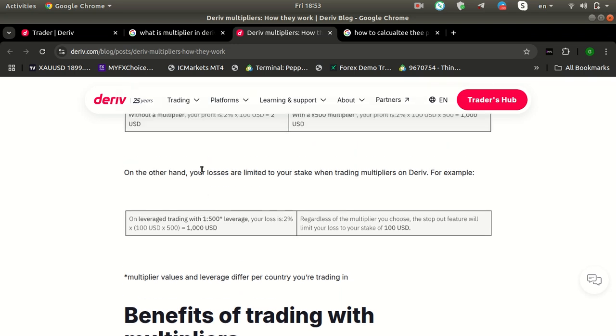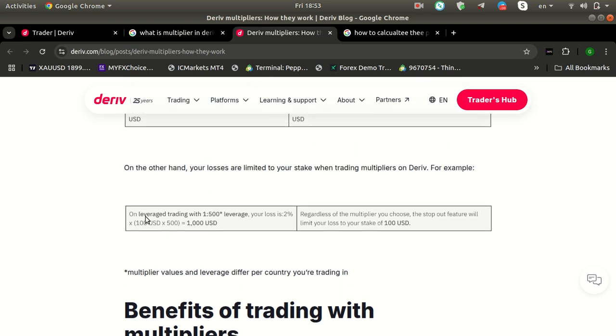Oh yeah, talking of the same thing. On leveraged trading with 1 to 500 leverage, your loss is 2% of 100 times 500, which is 1,000 USD. Regardless of the multiplier you choose, the stop out feature will limit your loss to your stake of 100 USD.